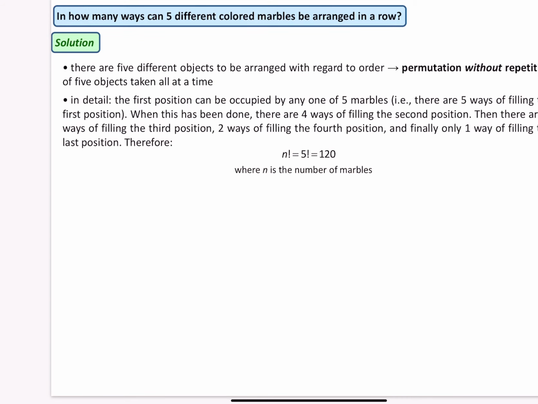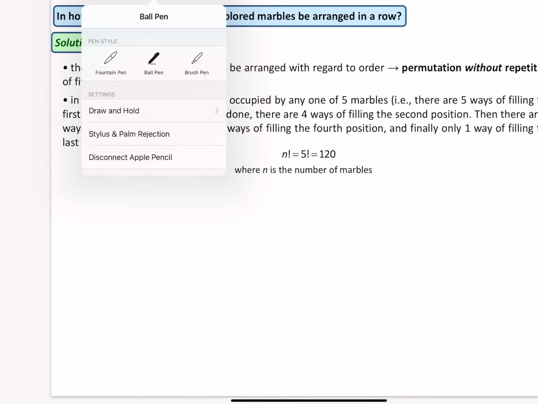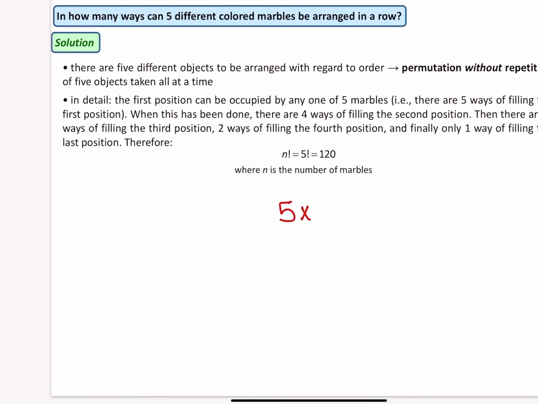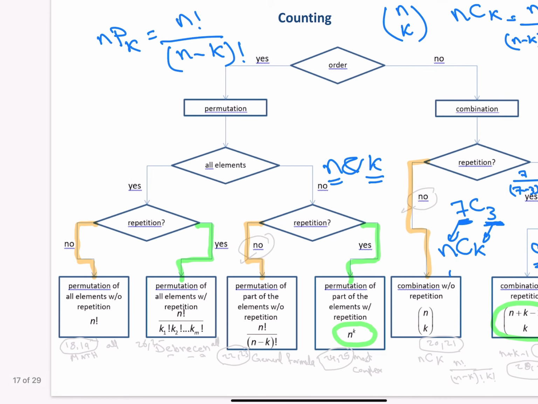So it will be the multiplication of them. It will be 5 times 4 times 3 times 2 times 1, which equals 5 factorial equals 120. I think this one is clear. We are done with it.